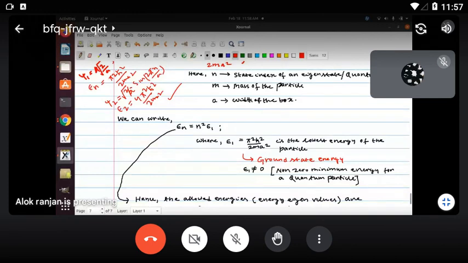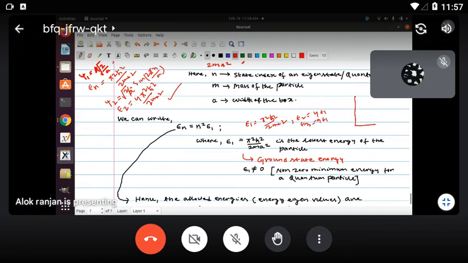And what we get is that En is proportional to n square. That means the energy eigenvalues or discrete energy levels are not equispaced, right? If the first one is E1, equal to pi square h bar square over 2m a square, E2 will be 4E1, E3 will be 9E1 and so on.